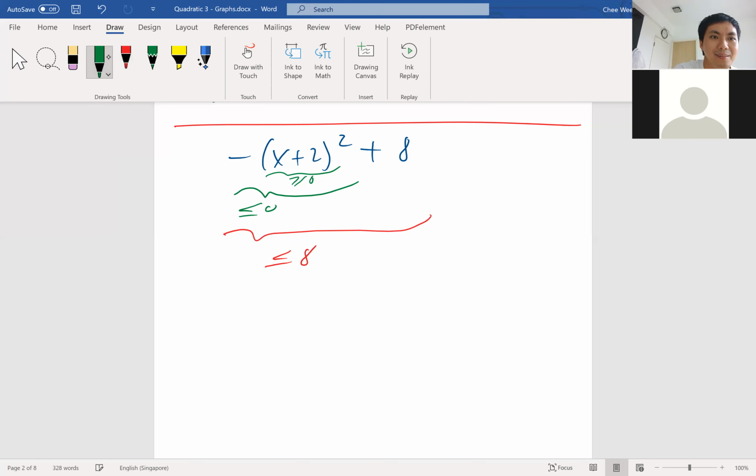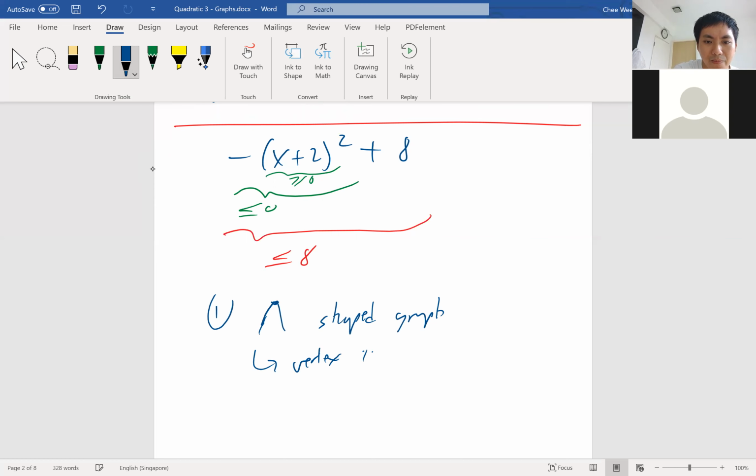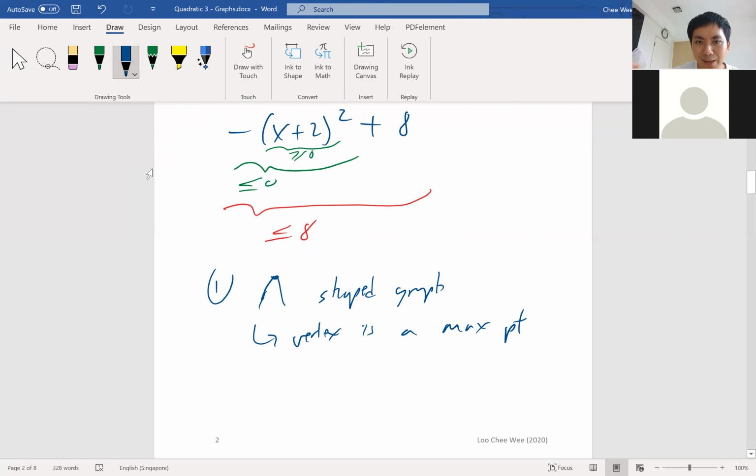So the maximum point has a y coordinate of 8, because it has to stop there. The corresponding x value is minus 2. We get the y value first, then we ask ourselves what x value led to it. So the vertex is minus 2, 8.